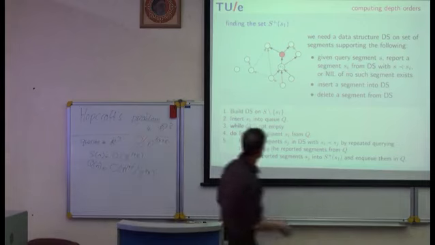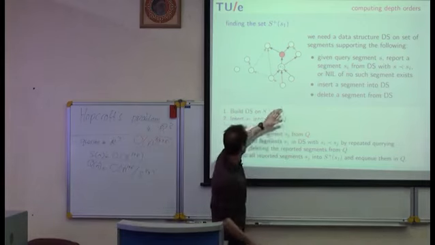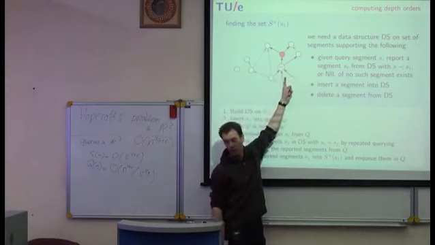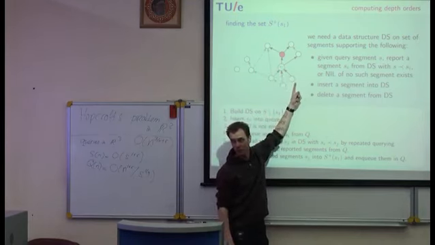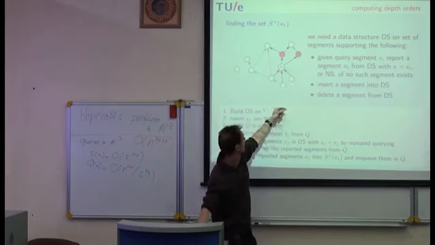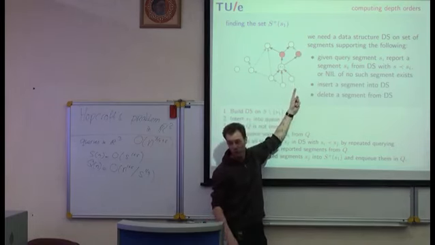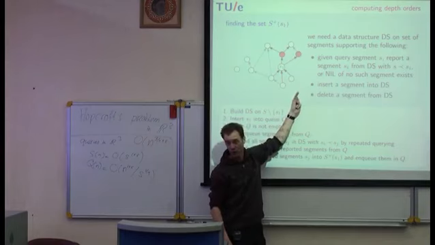Then I remove that one from the data structure and do another query with S1. I find this, remove it, do another query with S1, and I find there's nothing left.